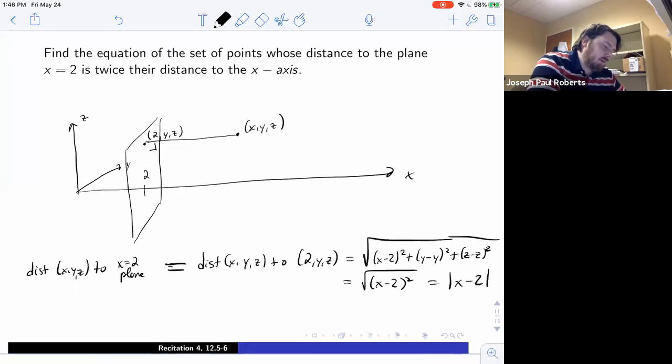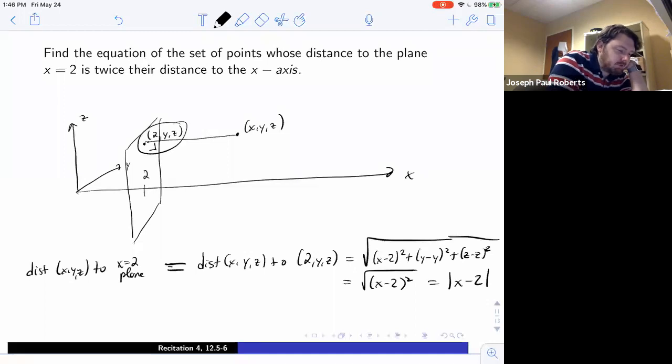You could figure this out using the point-to-plane distance formula from before, but for this vertical plane x equals 2, it's pretty easy to find this shadow point that's connected perpendicularly to this point. For other planes that are diagonal, it's a lot harder to find this point, but hopefully you're able to convince yourself that this is what we're after.